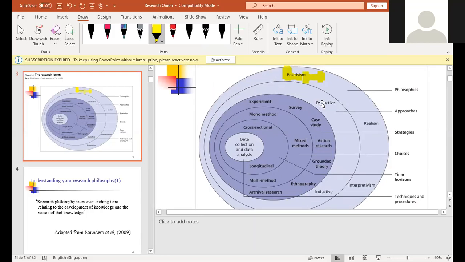What is your approach? Is it inductive or deductive? Deductive. Yes, deductive, very good. So your approach is deductive.